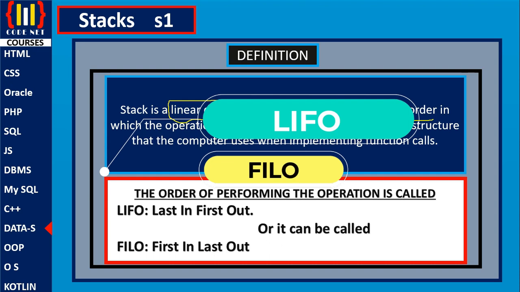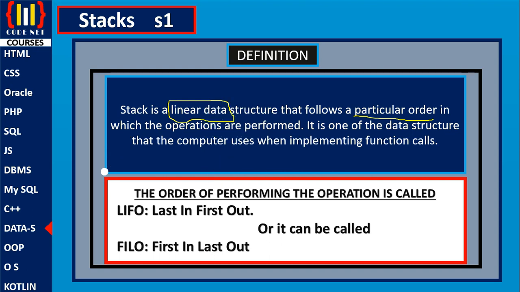If you forget the acronym LIFO, you can refer to FILO, which stands for first in, last out. It's just a swapping of the words. So this is the actual order that a stack follows as it performs its operations.